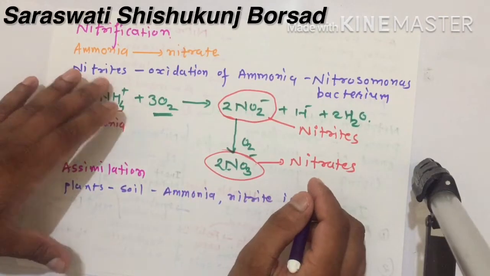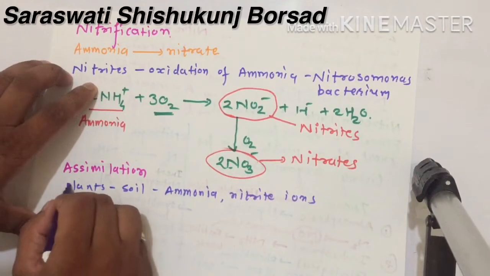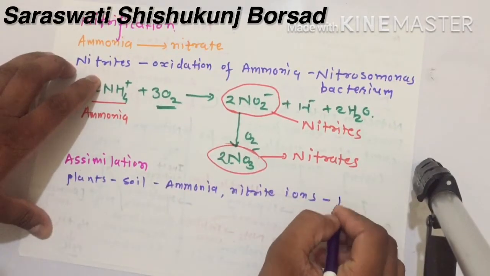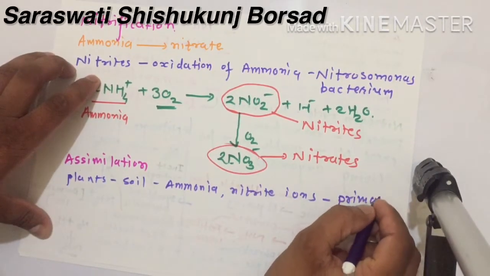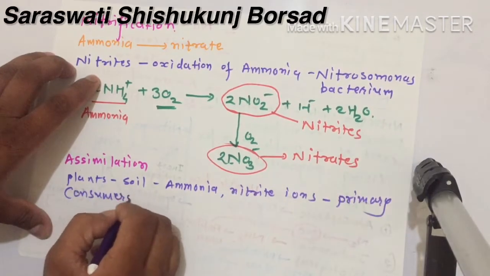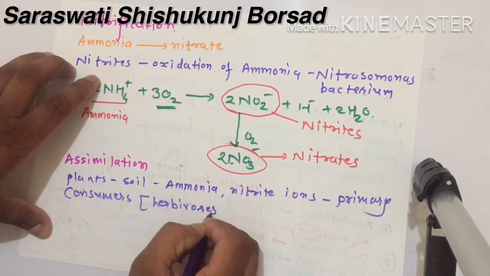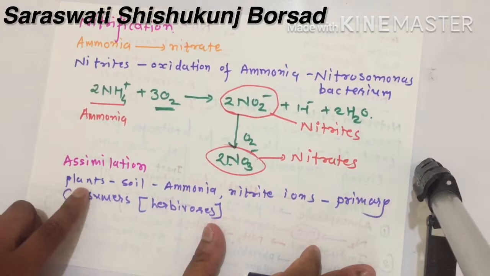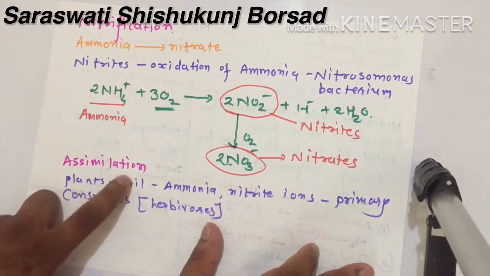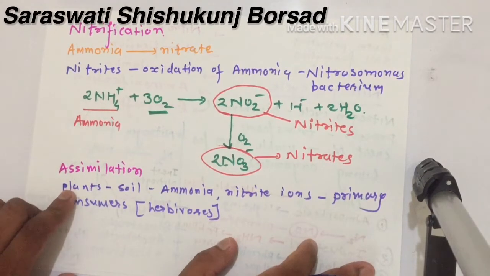Okay, and it is used by them, and these plants are eaten by primary consumers, or herbivores. So this way the nitrogen is used by plants from soil.